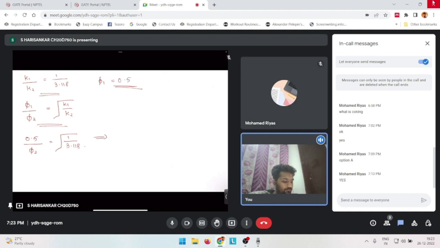And if we solve this, we'll get phi 2 as 0.885. So this is our Thiele modulus at 470 Kelvin.